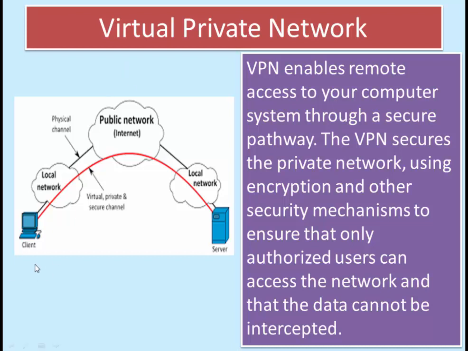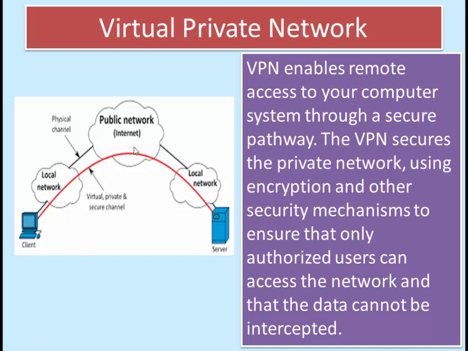Suppose this is a client computer that wants to access this server. This is a public network, and let's say this is a local network. If the information is transferred from here to here, and this information is encrypted, it means it has been secured with one layer of security.